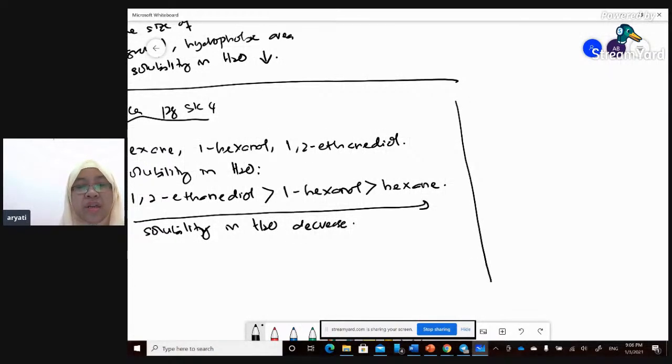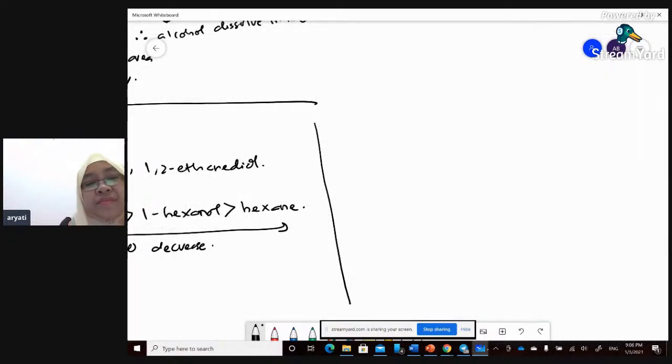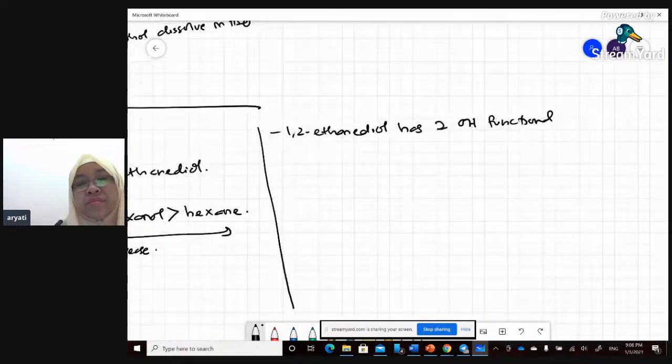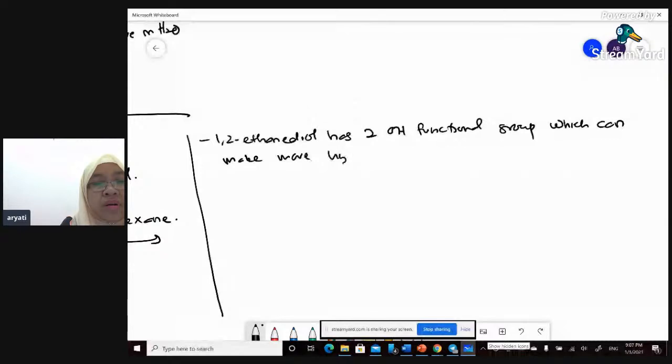Okay, so why 1,2 ethane diol is the most soluble? So 1,2 ethane diol has 2 OH functional group which can make more hydrogen bond with water.